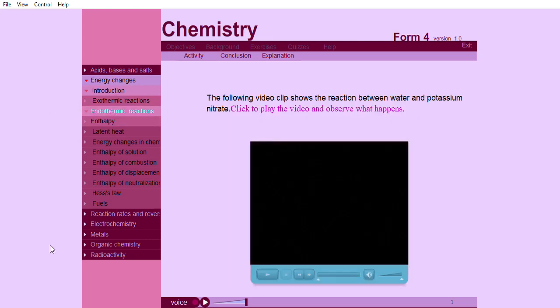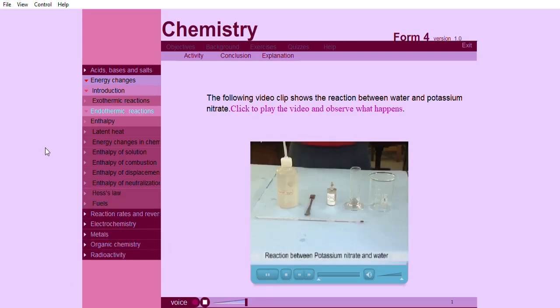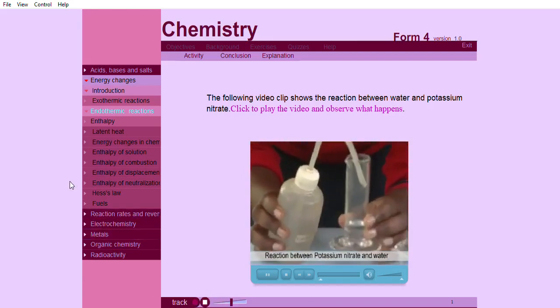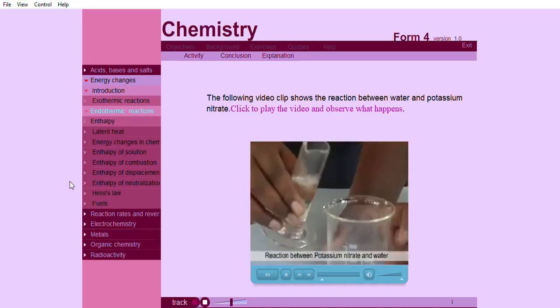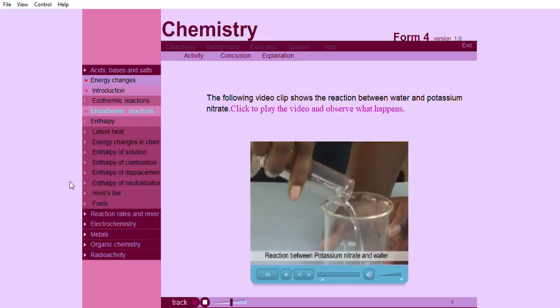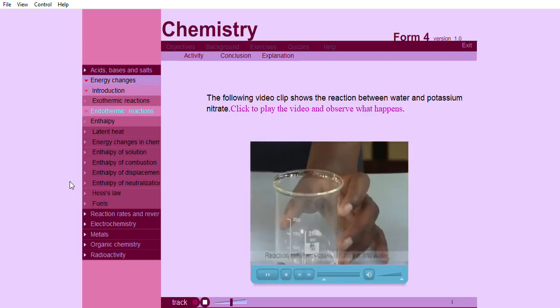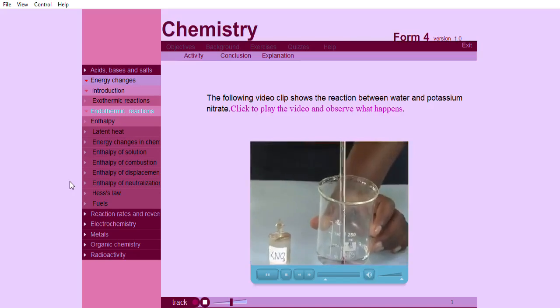The following video clip shows the reaction between water and potassium nitrate. Click to play the video and observe what happens. Procedure. Put about 25 cubic centimeters of water in a beaker. Measure the temperature of water using a thermometer.